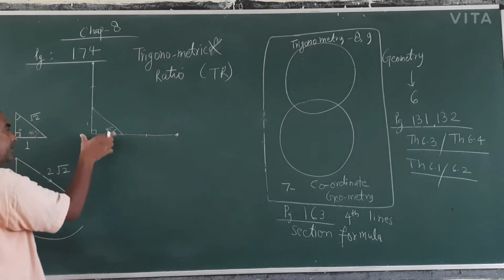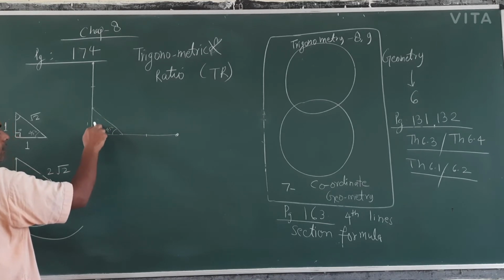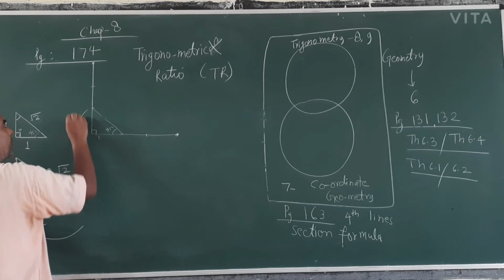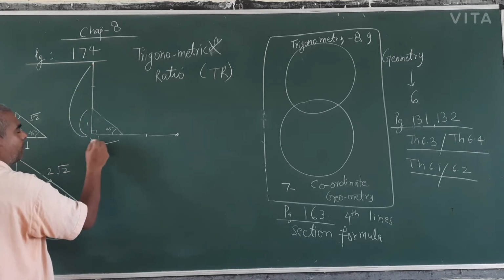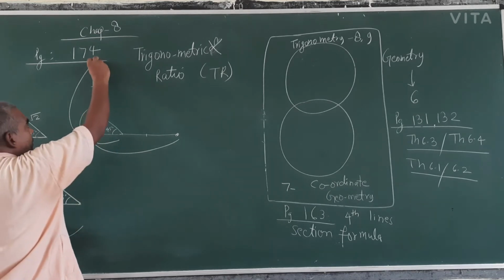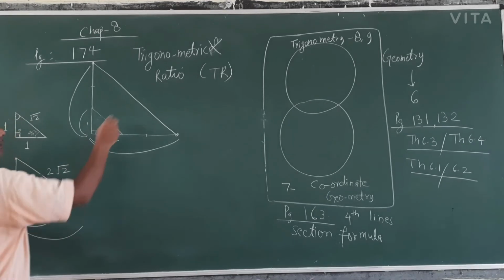This was 1, this was 1, a small right angle triangle. If we increase the ratio to 3, so when we join, you know what you will get here.